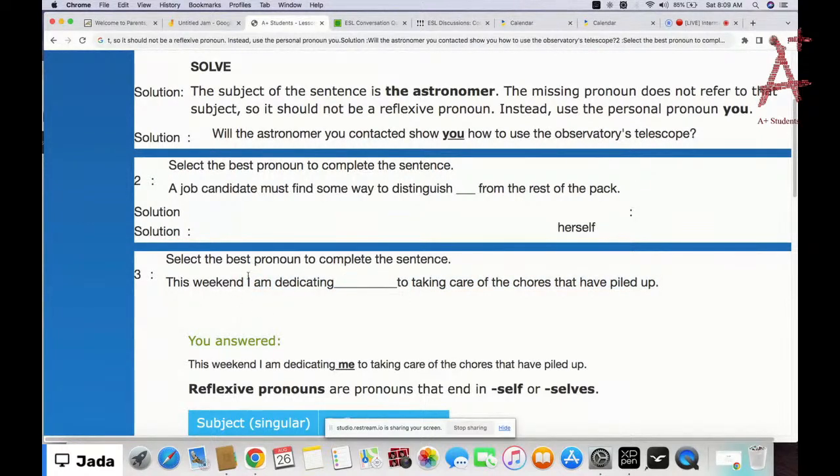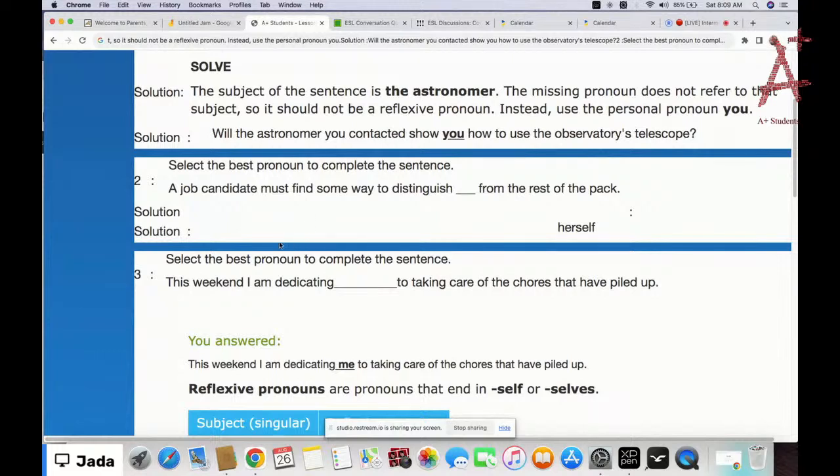Because you have I here as the singular subject, it should be I am dedicating myself, not I am dedicating herself. That's why I said that the singular subject must go with the reflexive pronoun, so they must agree with each other.